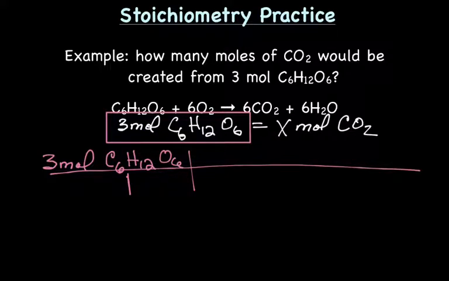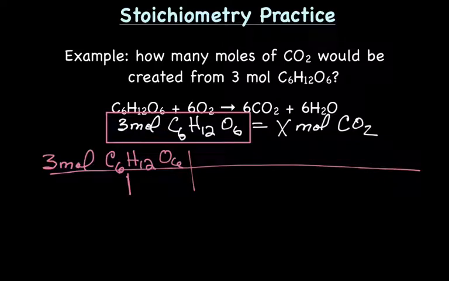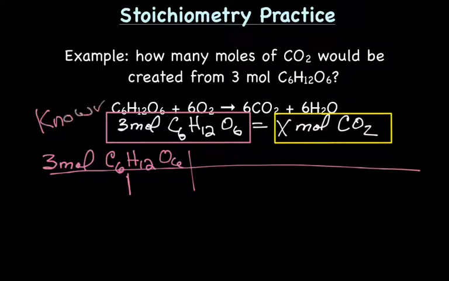And now we need to find an equality to put into that area there. So we are at moles C6H12O6, and we want to get to moles CO2. So let's go back and look at our equality list and see if we have anything that has moles of C6H12O6, which by the way is our known, to moles of CO2, which is our unknown.